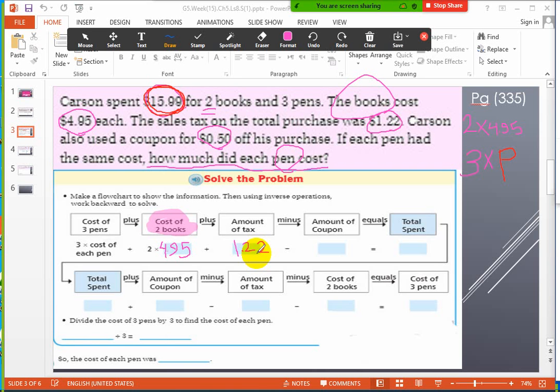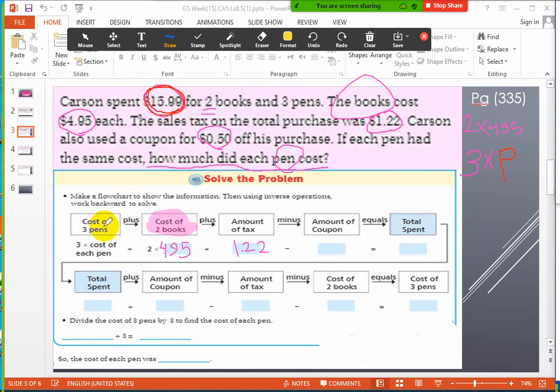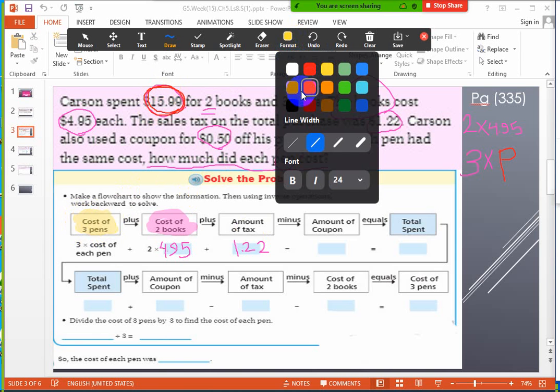Okay, so those 15.99 goes for 3 things, girls. 3 things: 2 books, also 3 pens, also tax. I have a tax here.